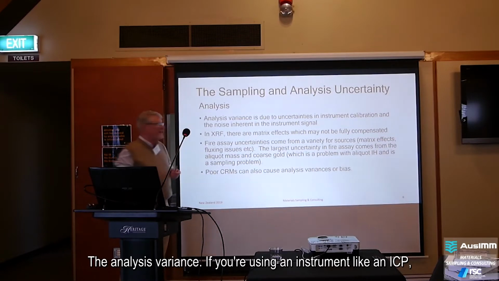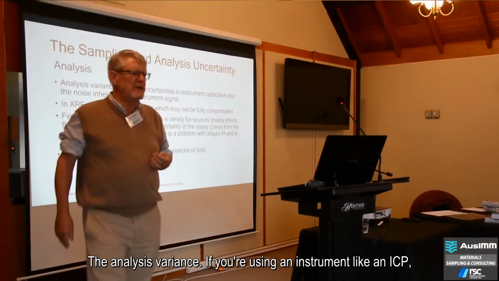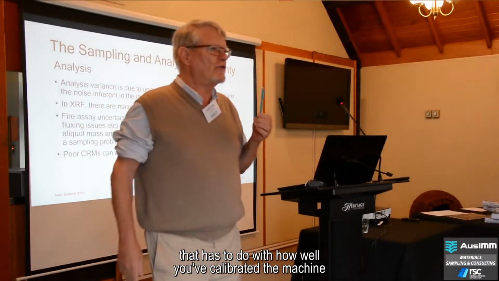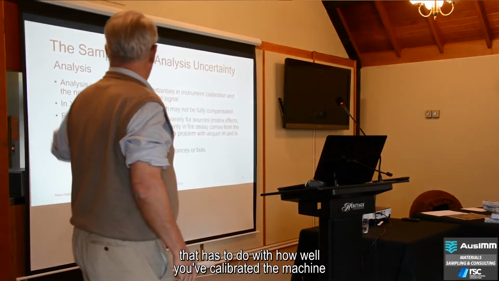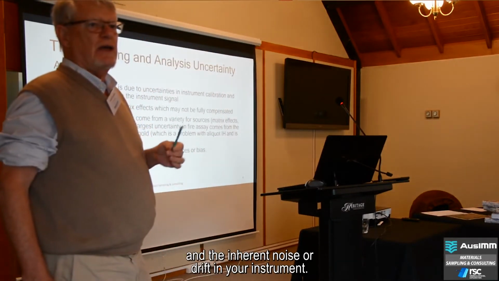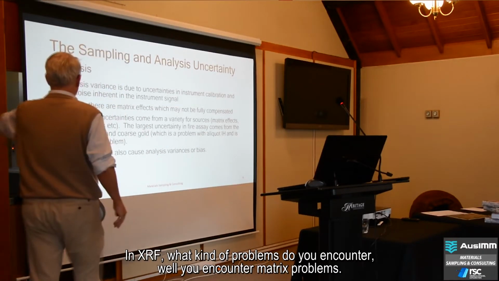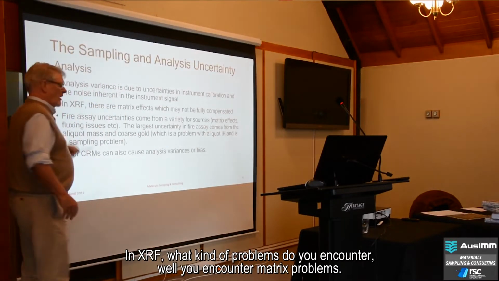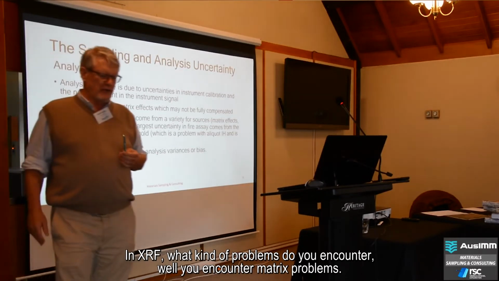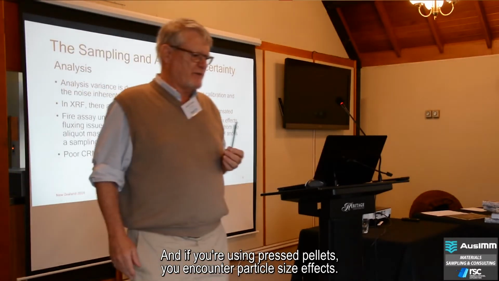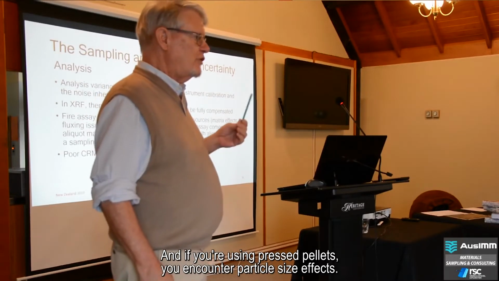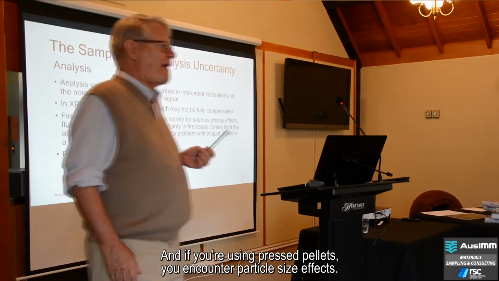The analysis variance, if you're using an instrument like an ICP, has to do with how well you've calibrated the machine and the inherent noise or drift in your instrument. In XRF, what kind of problems do you encounter? Well, you encounter matrix problems, and if you're using pressed pellets, you encounter particle size effects.